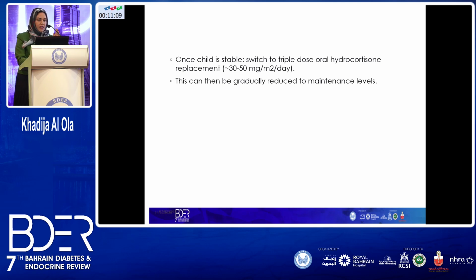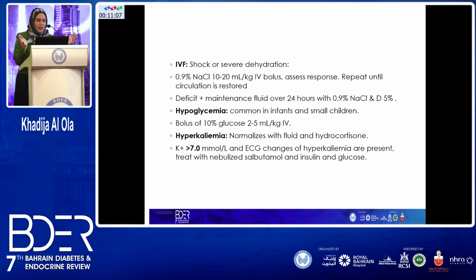This is regarding the hydrocortisone. IV fluid is very important if the patient presented in shock or severe dehydration. A bolus of normal saline is to be given and the response reassessed, and it can be repeated also. And then the deficit and maintenance fluid is given over 24 hours of normal saline and dextrose.